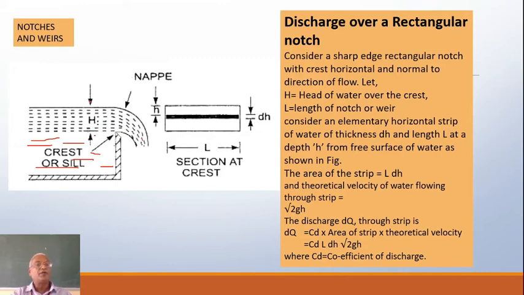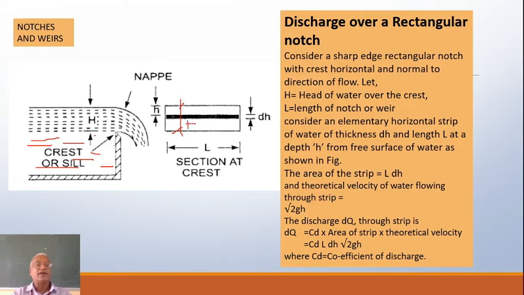So head over the crest is capital H. Now the cross sectional area of the flow will be L into this whole height, which is known as capital H.